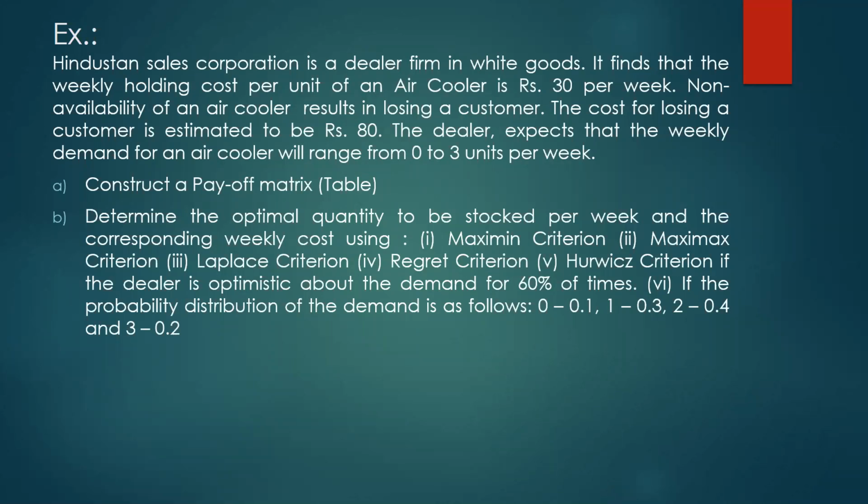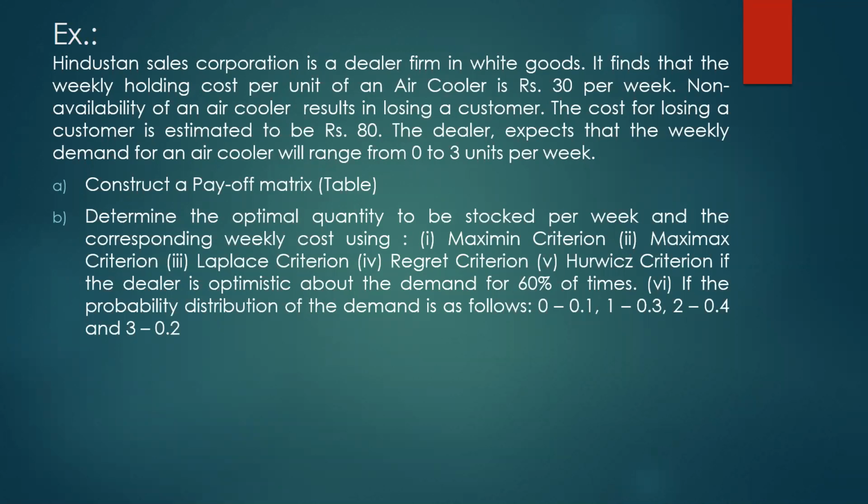Got it? So using this formula, I want you all to construct the cost matrix first, or you can call it your payoff matrix, and tell me the answers, at least for the first row. Let us say we'll take the states of nature as N0, N1, N2, and N3. N0 is for demand for 0 units, N1 for demand for 1 unit, N2 for demand for 2 units, and N3 for demand for 3 units.